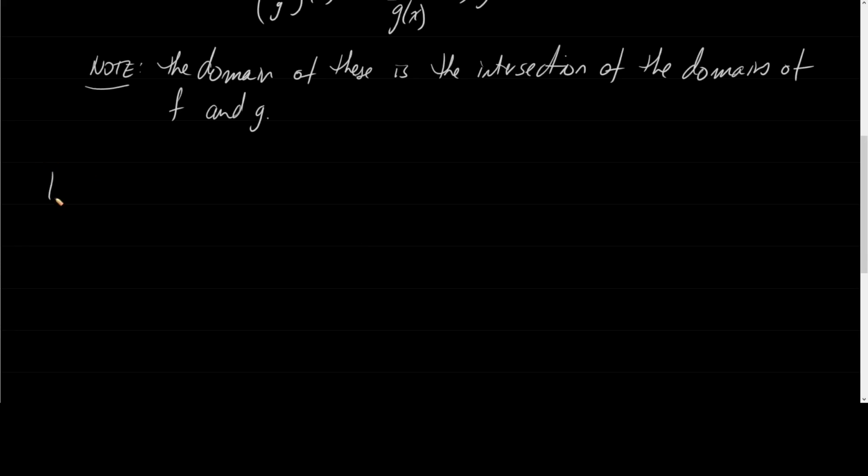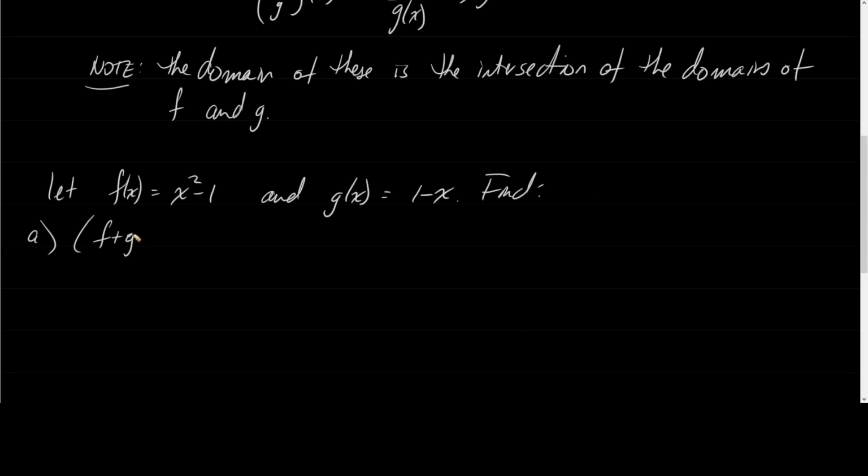So let f of x be equal to x squared minus 1 and g of x be equal to 1 minus x. All right, and we're going to find the following. So first, what is f plus g of x?